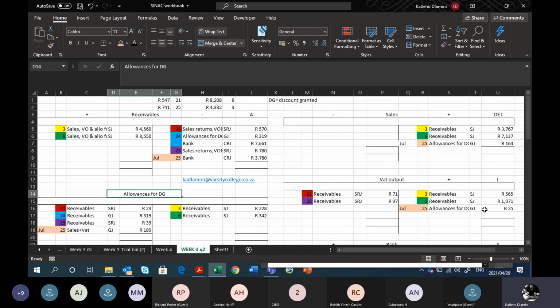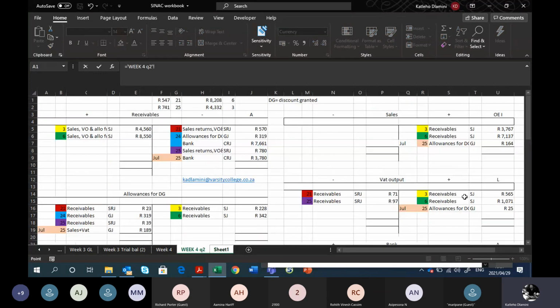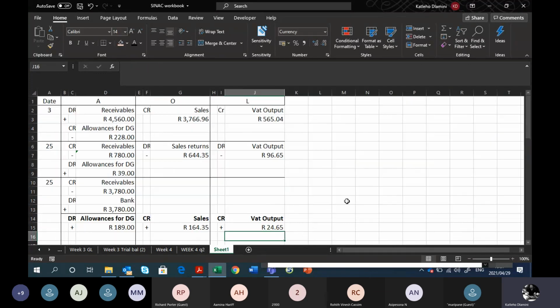Yes, VAT output is being credited with the amount of 25 Rand. So that's a plus, and that is a plus. That's also a plus. That's an amount of 25 Rand.